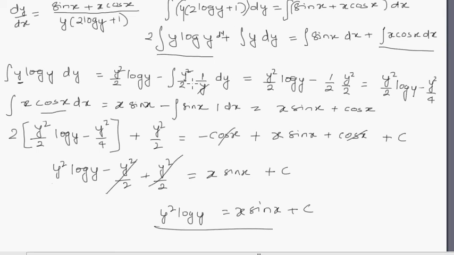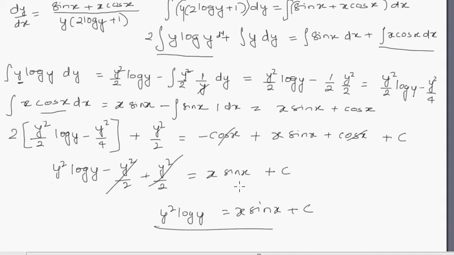So we've taken this differential equation and solved it, and the solution to this is also an equation. This is a general solution. If you want particular solutions, you need to find values of c.